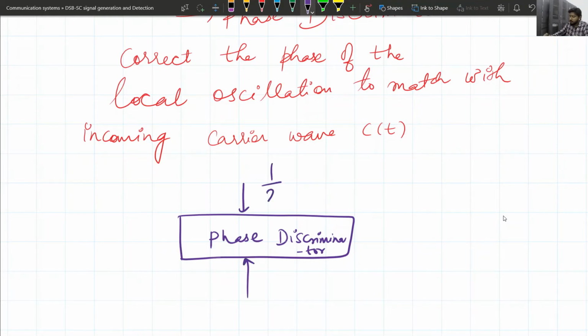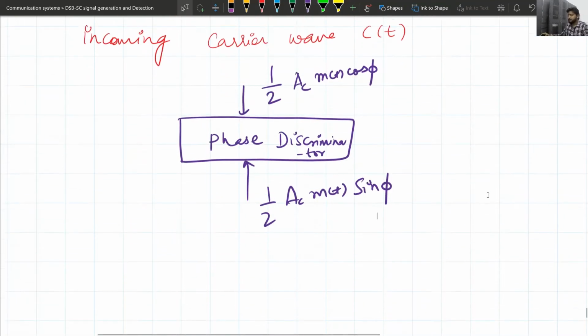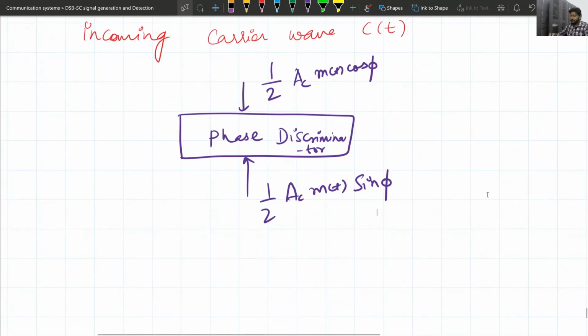One input comes from the I channel, and the other carries sin phi. What are the components of the phase discriminator?